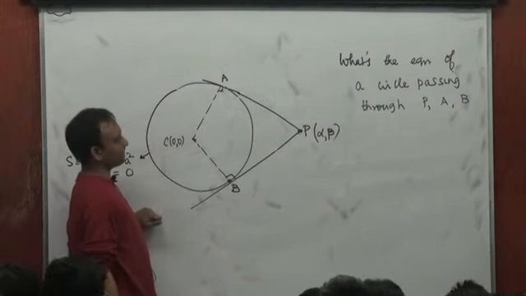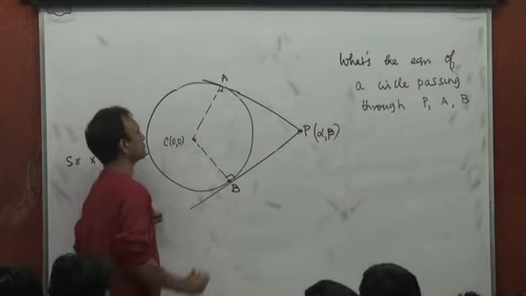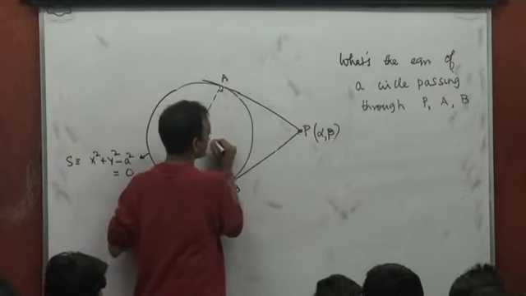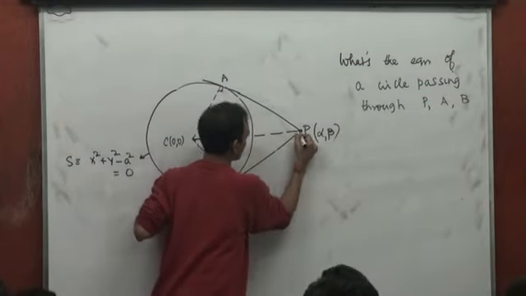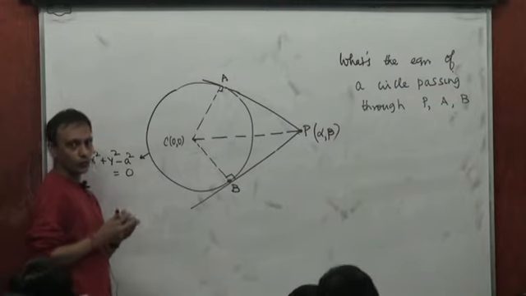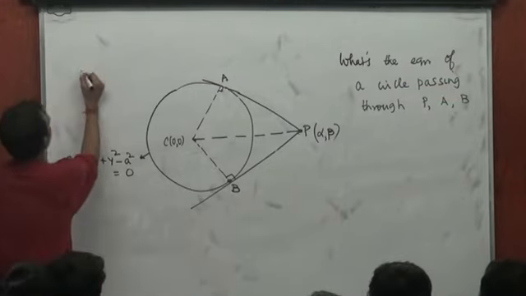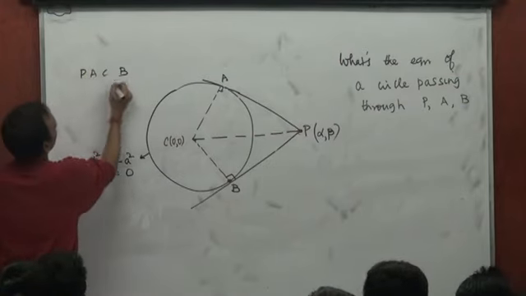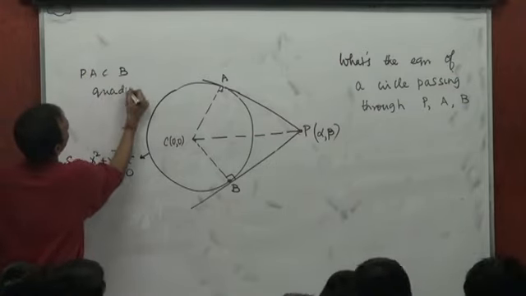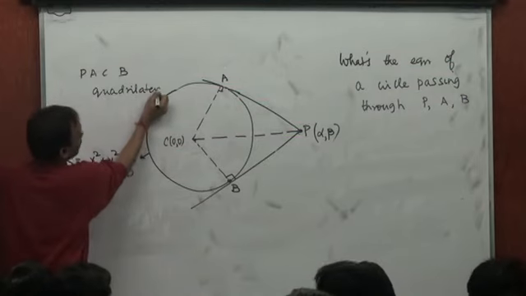Right? Join C and P. So PACB is a quadrilateral, yes or no? And the nature of this quadrilateral? Yes, cyclic. Why?